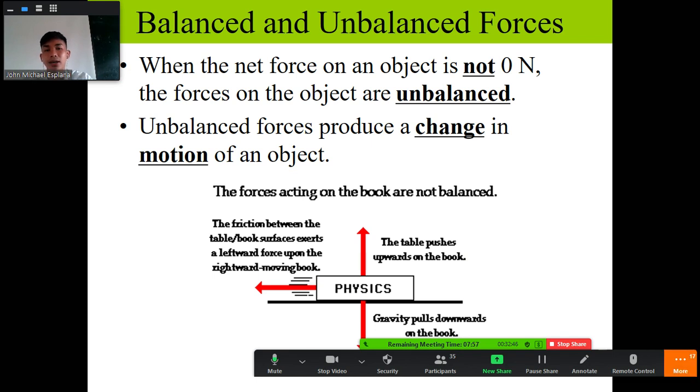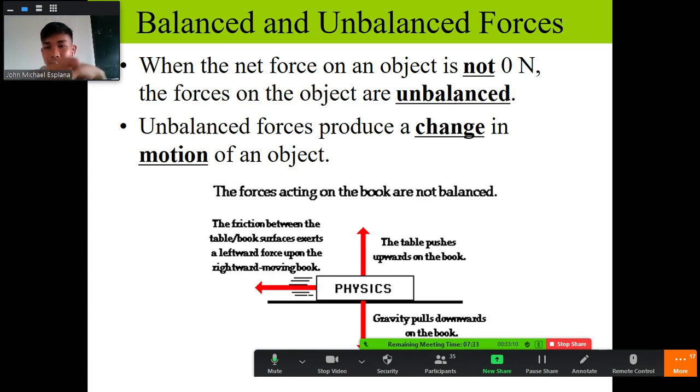Okay, so when the net force on an object is not 0, that is the opposite of balanced force. So, that is unbalanced force. Okay? So, unbalanced forces produce a change in state of motion or change in motion of an object.